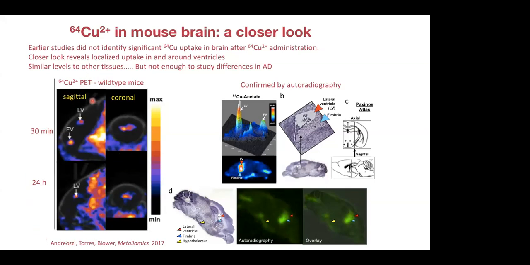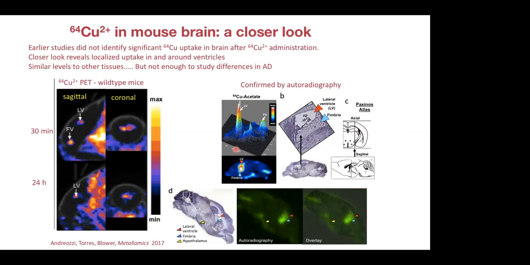You can see in the CT scan the cranium, and you can see hotspots of uptake which correlate quite close to the ventricles. And here's a coronal section showing the same thing. This is really pushing the limits of small animal PET, but we can confirm this with autoradiography of brain sections. These hotspots are digital autoradiographs, again showing that radioactivity is confined to areas in and around the ventricles.